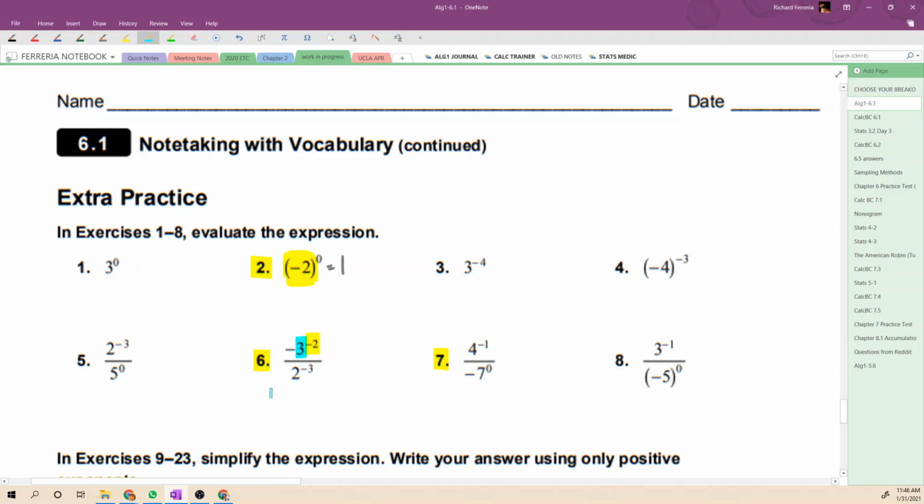Which basically is me saying that that -2 power is not going to act on the negative sign. That negative sign is going to remain in the numerator. So you may want to think about this as negative 3 to the -2 power over 2 to the -3 power. Maybe more like this.